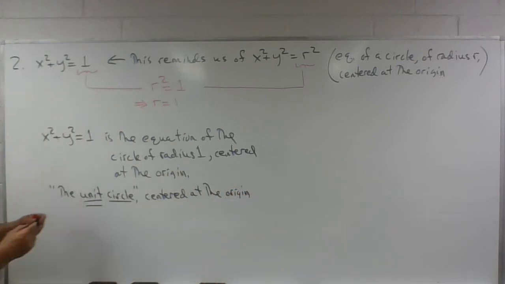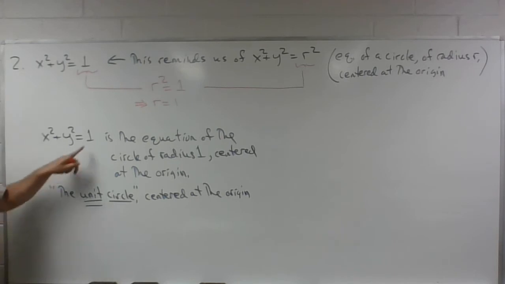The unit circle centered at the origin because the radius is 1 unit.